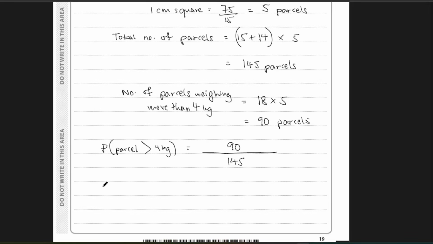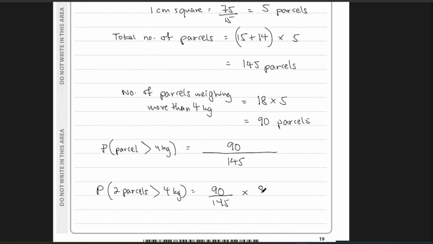But probability of picking 2 such parcels back to back can be calculated this way. So probability of 2 parcels greater than 4 kilograms. Picking the first one would have a probability of 90 over 145. The next one would be 1 less. So there'll be 1 less parcel for the second time.